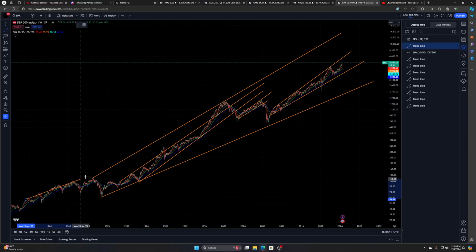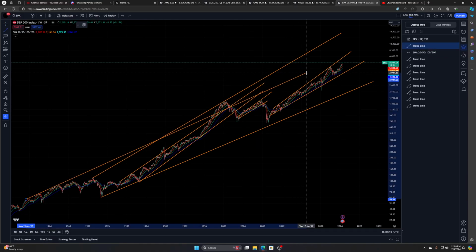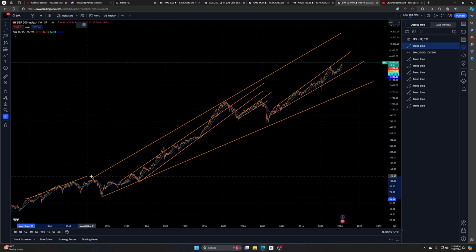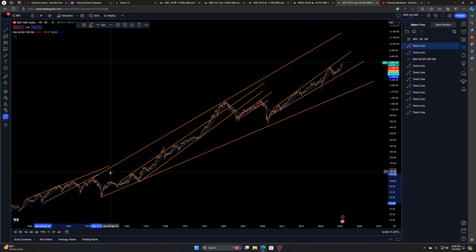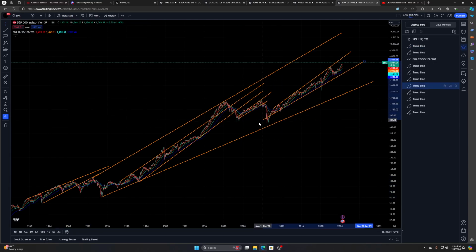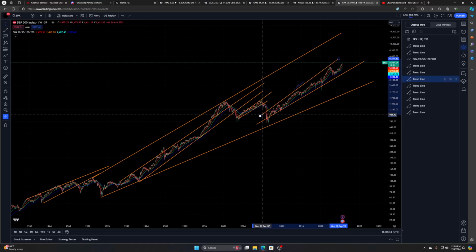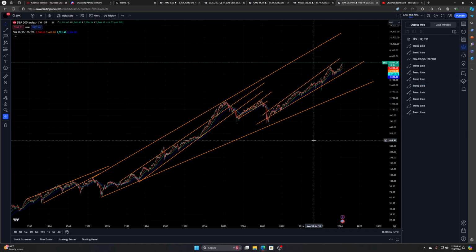This is a channel that goes all the way up here, you come up and test, go back down, and then trade in a new channel to the upside. You fall down, trade in a new channel, fall down, come back up and trade in a new channel. These are all channels that price is just trading in, and they're very symmetric.